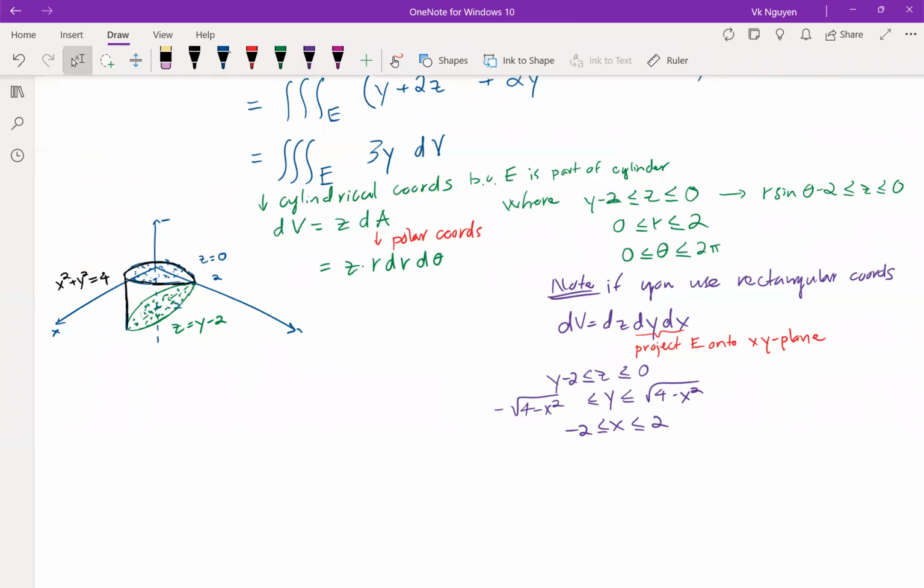So that means your triple integral here is going to be a little ugly though.